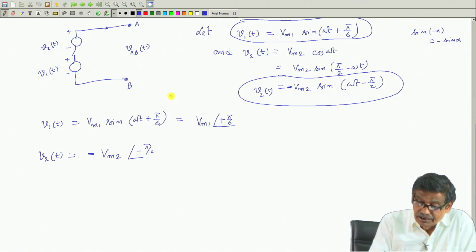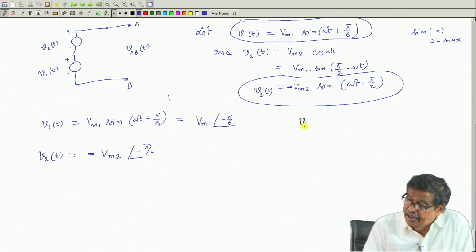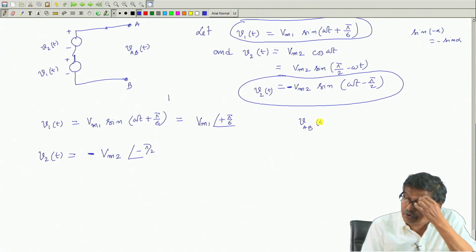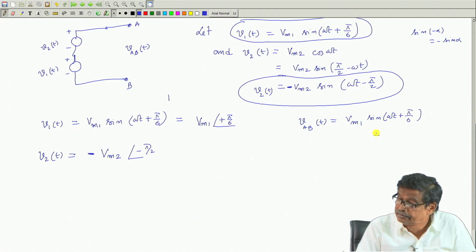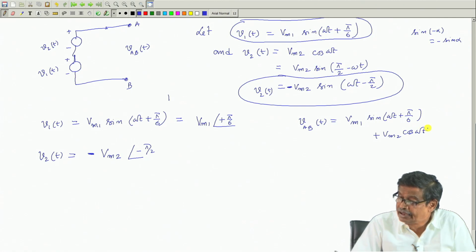In the time domain also I could do it. What will be your sequence of steps for Vab(t)? It will be this plus Vm2 cos(omega t).